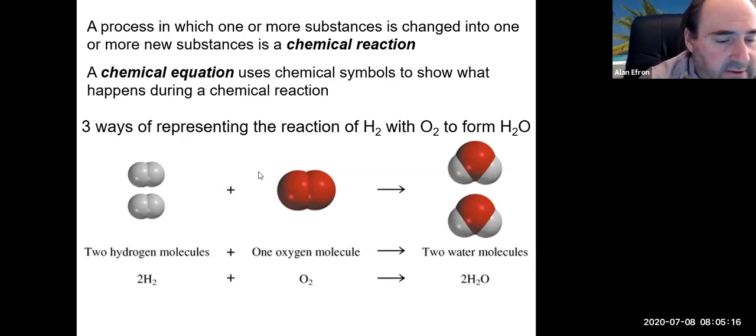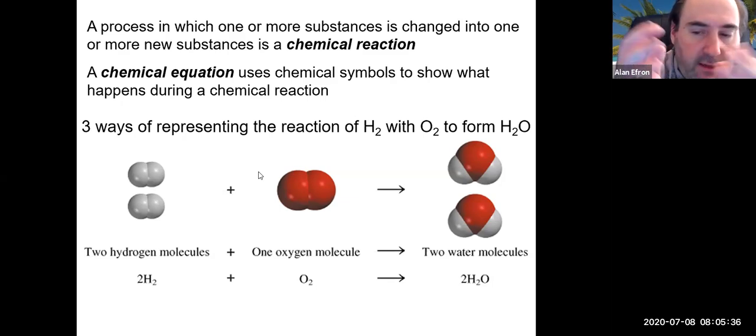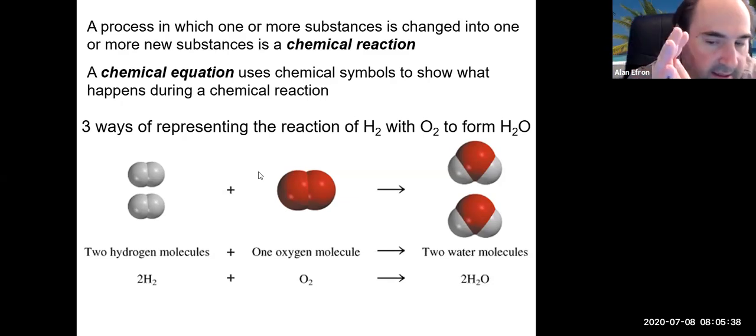Remember that we do have conservation of elements in a chemical reaction. Everything on the reactant side basically breaks apart and comes back together on the product side. We talked about that when we were doing those bond energy questions, where we figured out how much energy is required to break all the bonds and how much energy to put them back together on the other side. That's ultimately what happens in a chemical reaction.